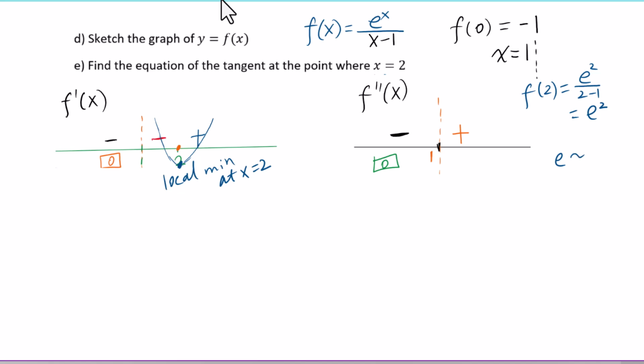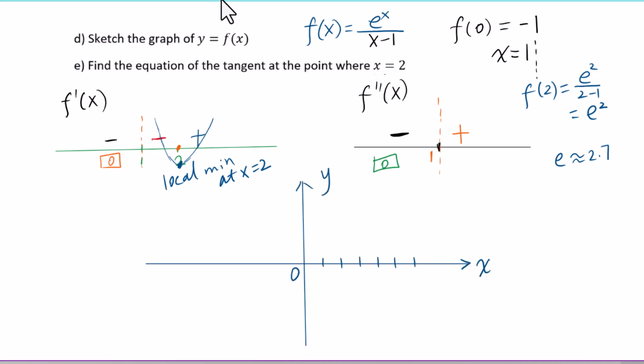e you can count as 2.7 or 3. x, y, origin. Get the scale: 1, 2, 3, then 3, 6, 9.